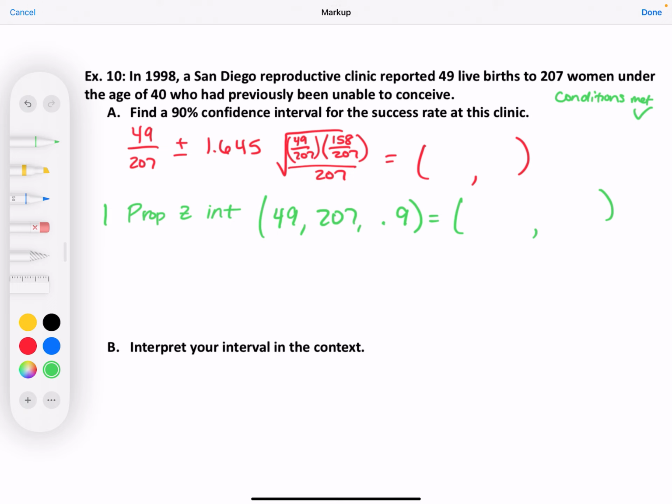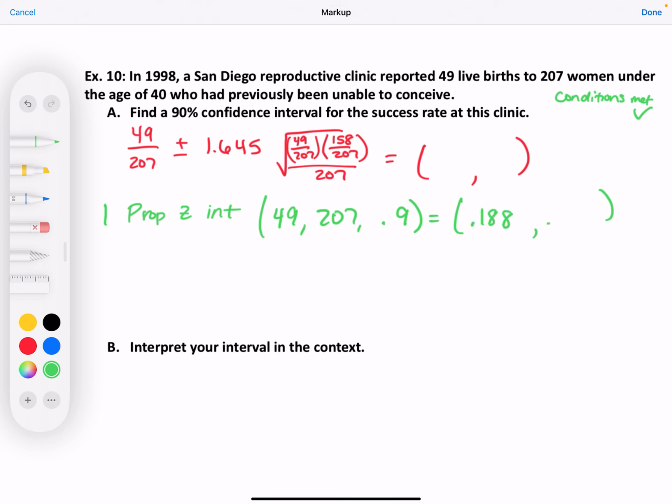Got 0.188 and 0.285. So that means 18.8% and 28.5%. Then interpret your interval in context.